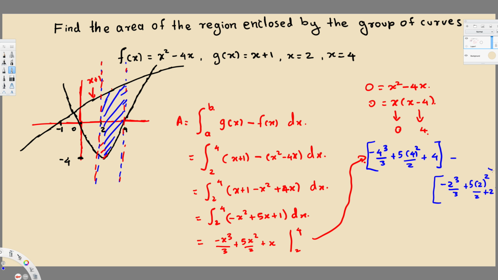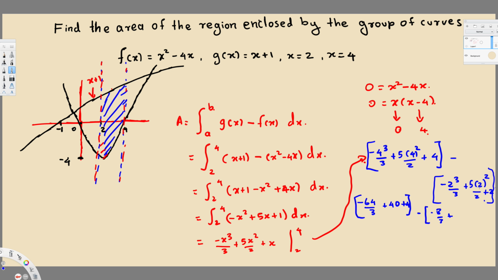Let's simplify this one. First of all, negative 4 cubed. We know that 4 square is 16. 16 times 4 is going to be 64. So this is going to be minus 64 divided by 3. Then here we have 4 square, that is 16. 16 times 5 is going to be 80. 80 divided by 2, that's going to be 40. Plus 4. And on the other side we have minus 2 cubed, that is 8 divided by 3.